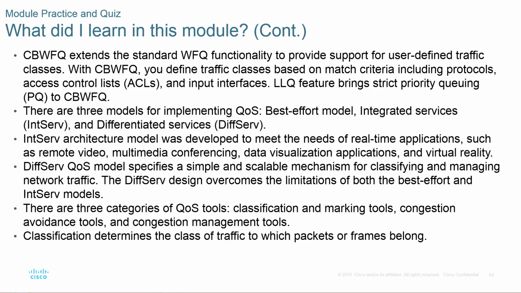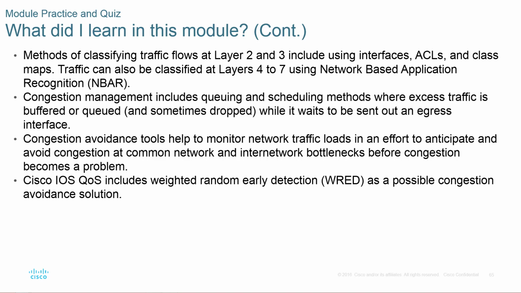3 categories of tools: classification and marking tools, congestion avoidance tools, and congestion management tools. And classification determines the class of traffic to which packet frames belong. We can classify our traffic flows at layer 2 and 3. We can also classify it at layers 4 through 7 using network-based application recognition.